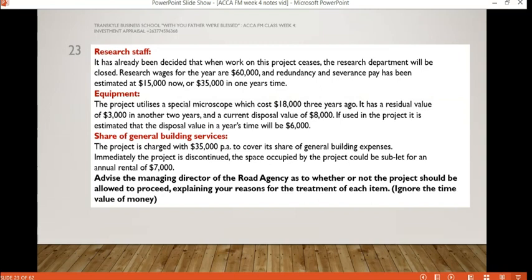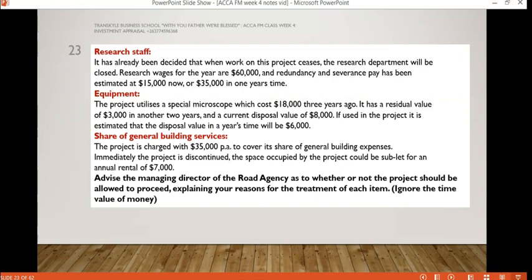Remember, overhead apportionment is irrelevant because by the end of the day, the total overhead, the total cost is going to be borne by the company. So it is irrelevant to the project and should not be considered. So 35,000 is irrelevant. Okay, immediately the project is discontinued, the space occupied by the project could be sublet for an annual rental of 7,000. So that one is actually a relevant opportunity cost.